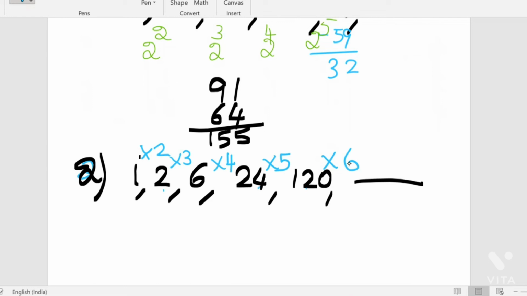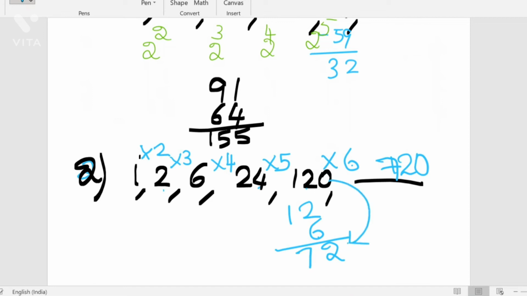So 120 into 6 gives 720. The answer is 720. We'll move to the third problem now.